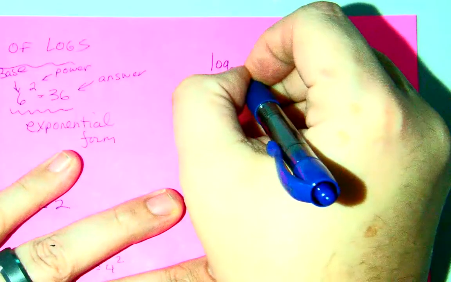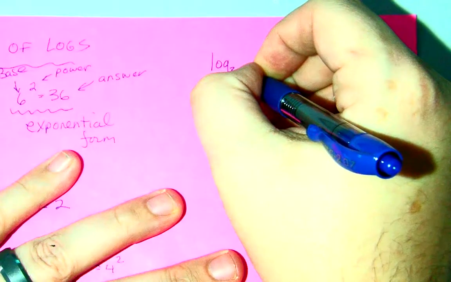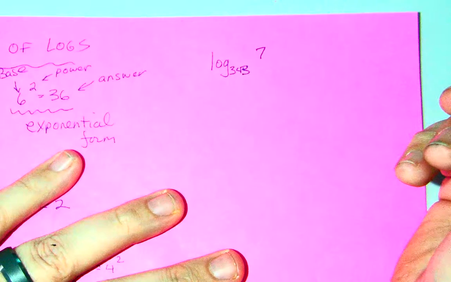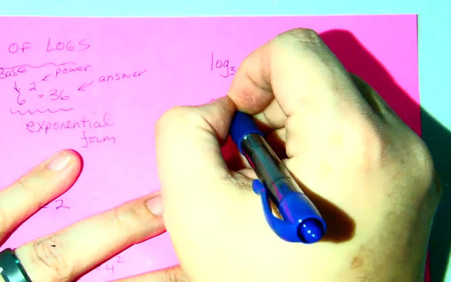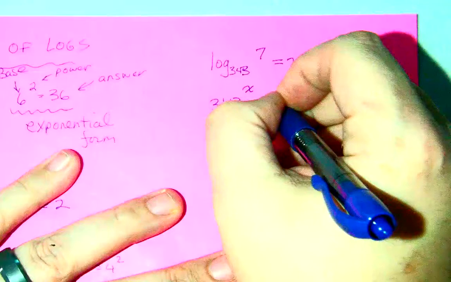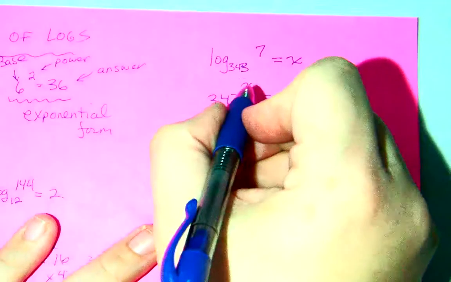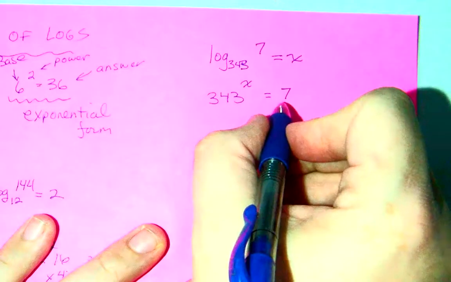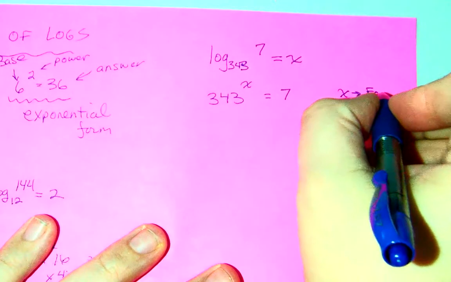Log base 343 of 7, and I want to find a value for this. Let's say this is equal to x. So 343 to the x is equal to 7. Now, the general rule is when you have a big number raised to a power and you get a small number, x is going to be some kind of fraction.